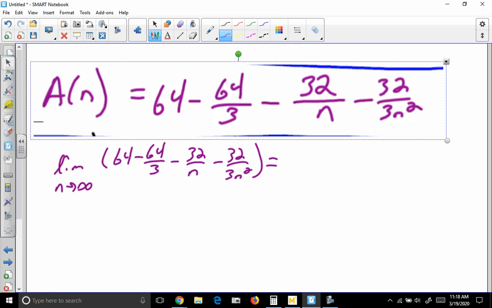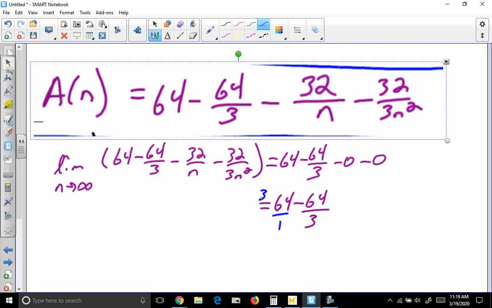So the limit of a constant is that constant. And remember, if we let the denominator go to infinity, that term goes to 0. So the last two terms both go to 0 as n gets really, really big. So our actual area is 64 minus 64 thirds. That's the exact area. Now let's get a common denominator.